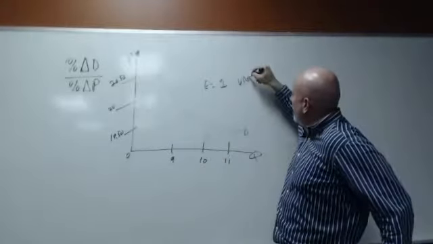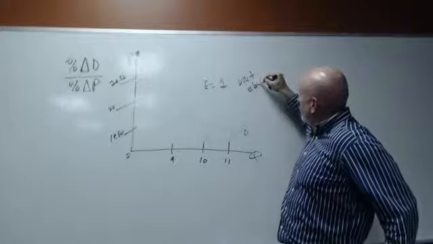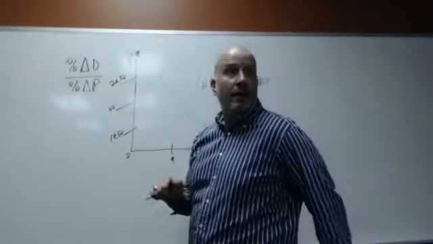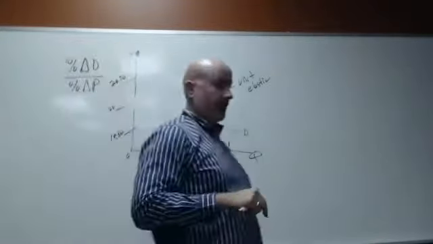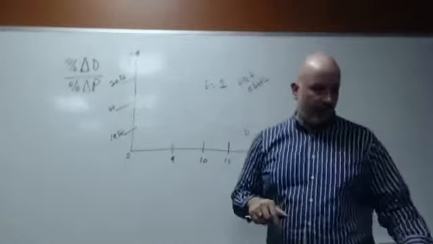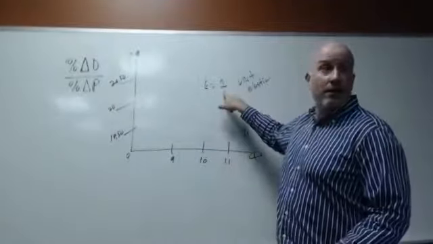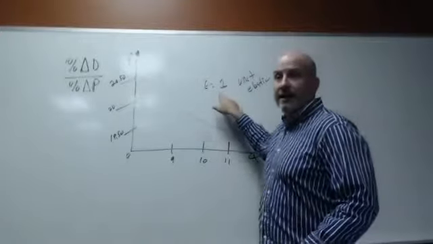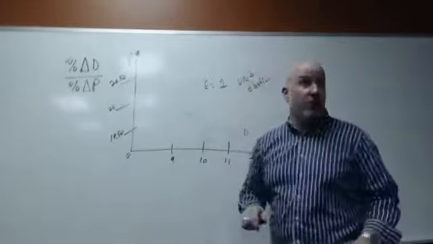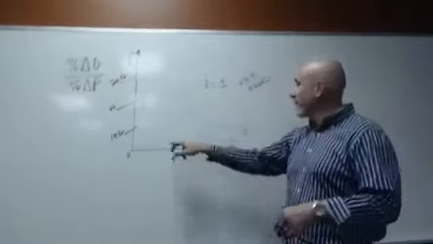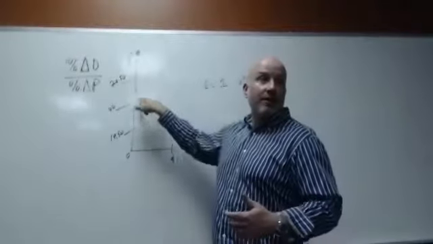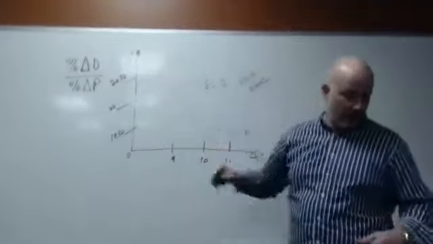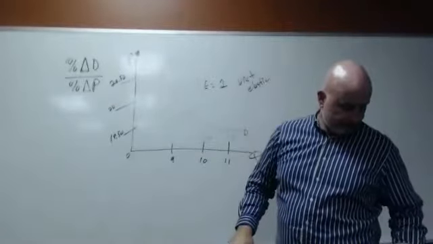So we would call this unit elastic. When solving, if you get a price elasticity of 1, we say it's unit elastic. For every percent increase in demand, it's going to equal the percent increase in price. So they're going to move in tandem.